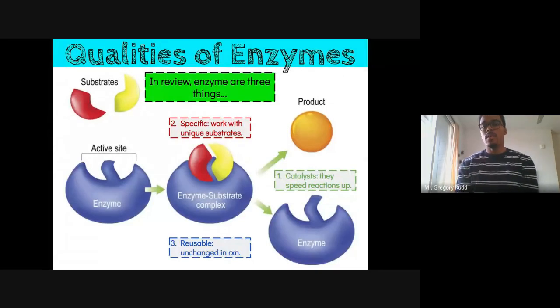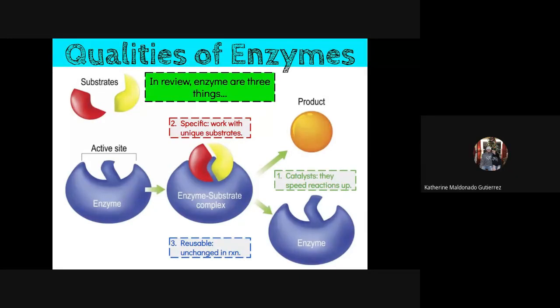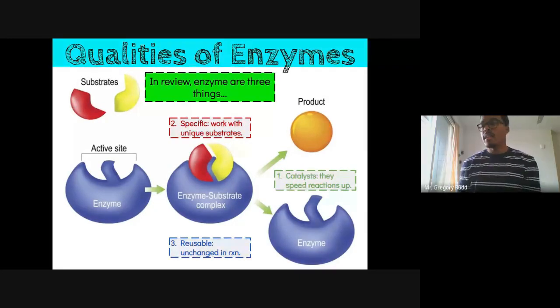Can someone remind me which of our four biological macromolecules is an enzyme? I believe this came up in the warm-up. But which of the four macromolecules is an enzyme? Is it a protein, a carb, a lipid, or a nucleic acid? Protein? Yes, good, Kathy, thank you.